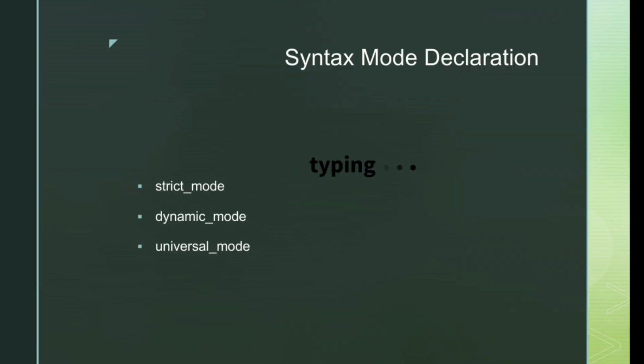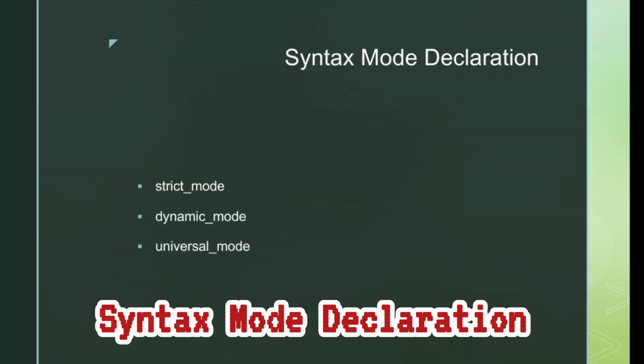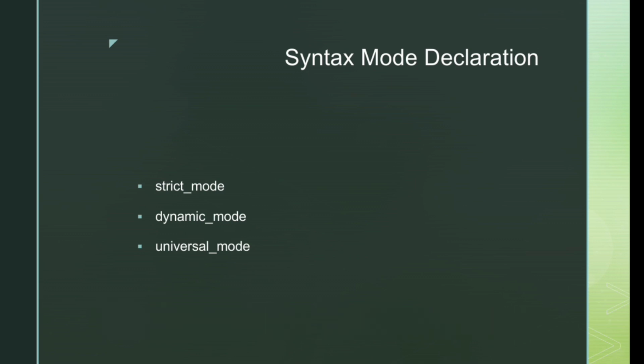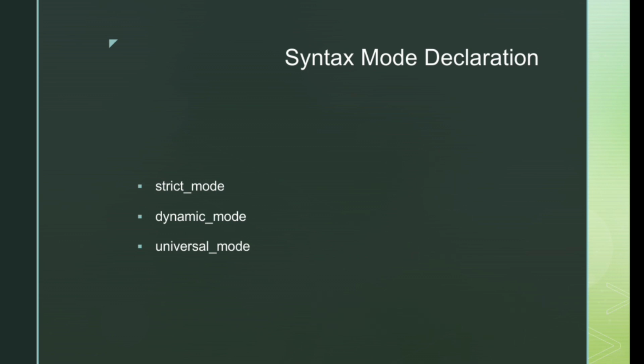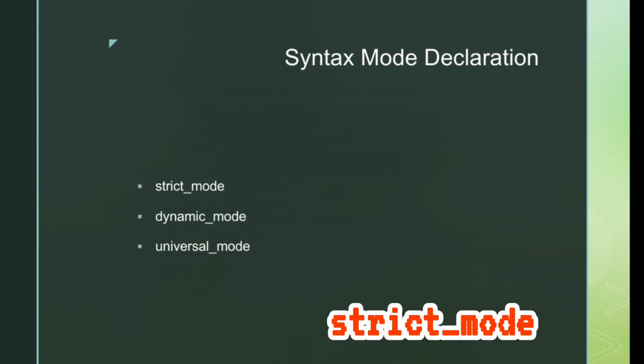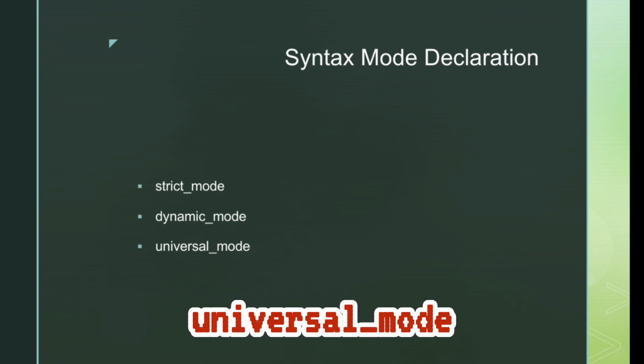Let's dive in. We have what we call the syntax mode declaration. Mainly, it is like declaring a mode for the version of your code. So in Remiel you need to declare the mode of your version. We have the strict mode, the dynamic mode, and the universal mode.